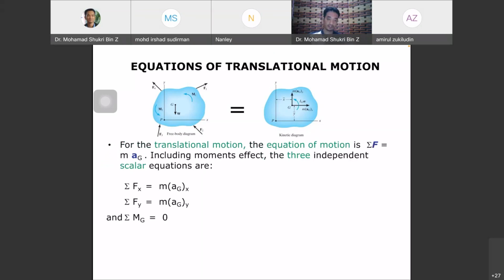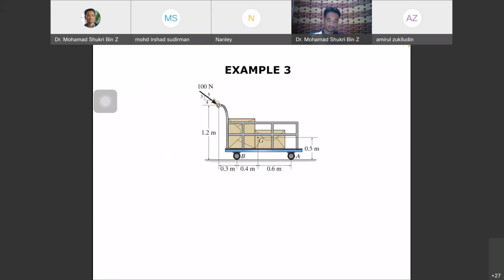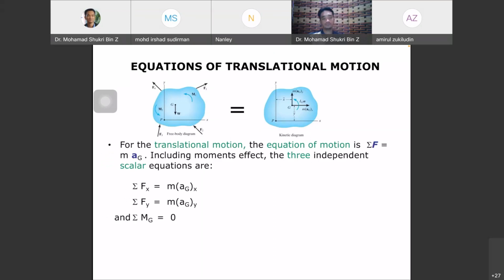So untuk translation, kalau kita ingat dalam chapter 2 or in your static, we have summation Fx is equals to ma from Newton second law.